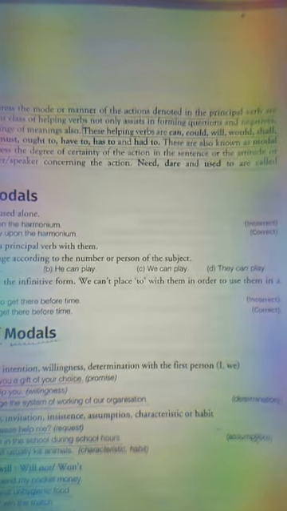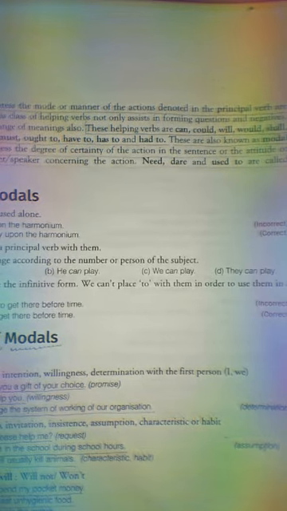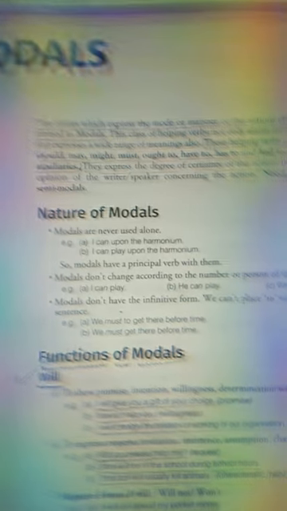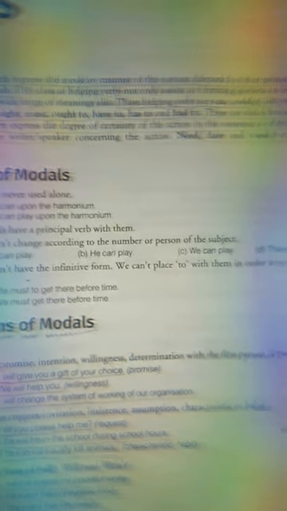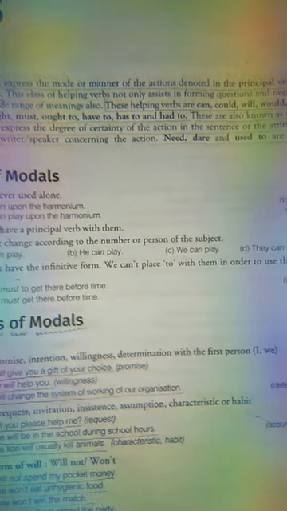Modal auxiliary verbs are basically verbs like can, could, will, would, shall, should, may, might, must, ought to, have to, has to, had to, need, dare, used to, etc. Isn't it? What is special about modal auxiliary verbs?